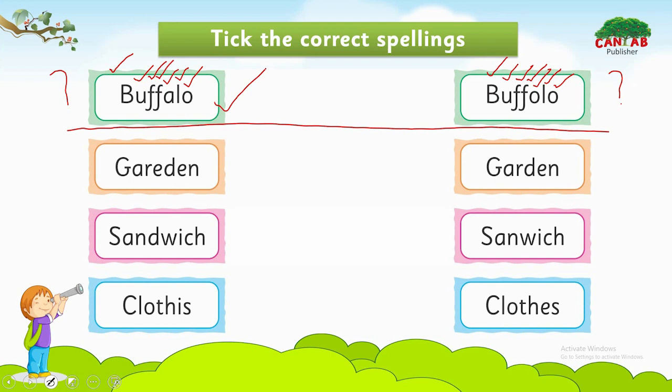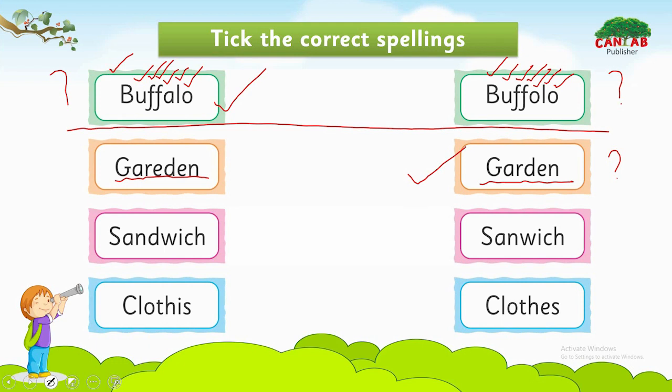The next one is G-A-R-E-D-E-N and G-E-R-D-E-N. What is the sound? It is sounding like garden. What? Garden. And this one? That is gerden. Which one is the right answer? Yes, garden is the right answer, not gerden.